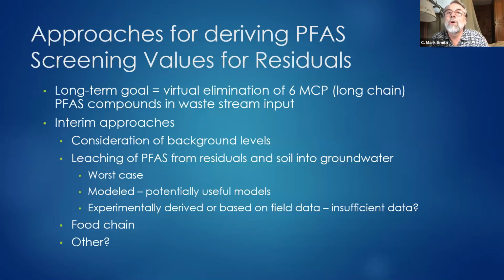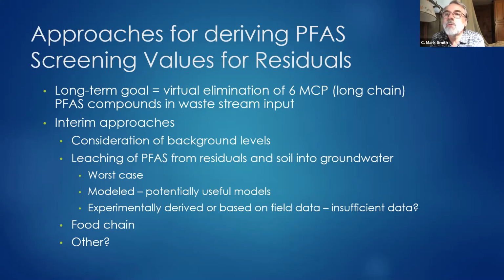All right, so the overall approaches, and let me start by saying I think everybody who's involved with consideration of PFAS risks and impacts on human health and the environment have a long-term goal of trying to virtually eliminate the longer chain PFAS compounds from the various waste stream inputs and releases to the environment.